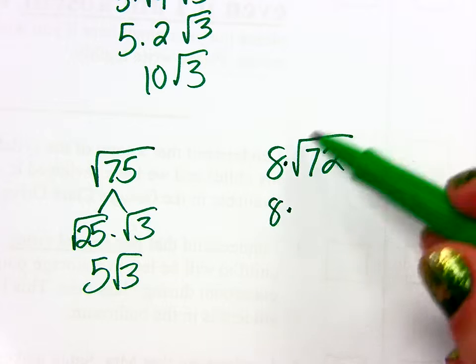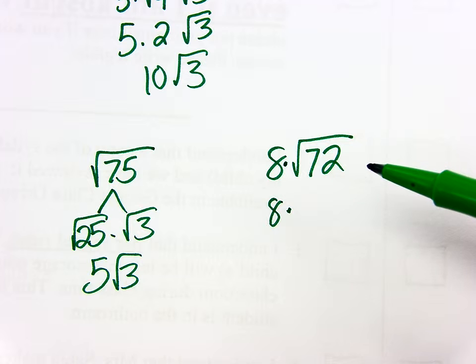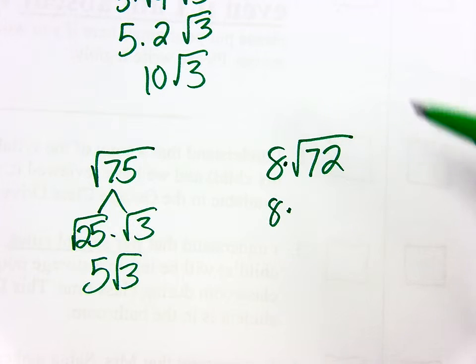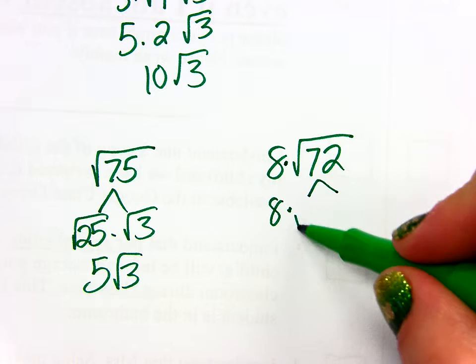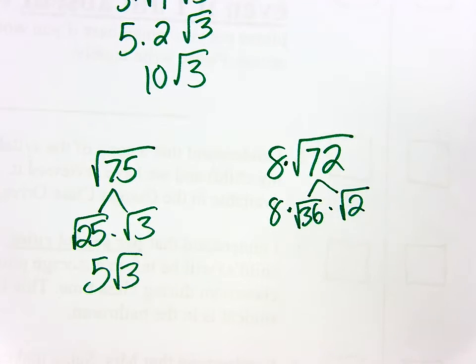I'm still just trying to find the largest perfect square that goes into 72, which would be what's the largest perfect square that can go into 72? 36. So I split that up into 36, square root of 36, square root of 2.